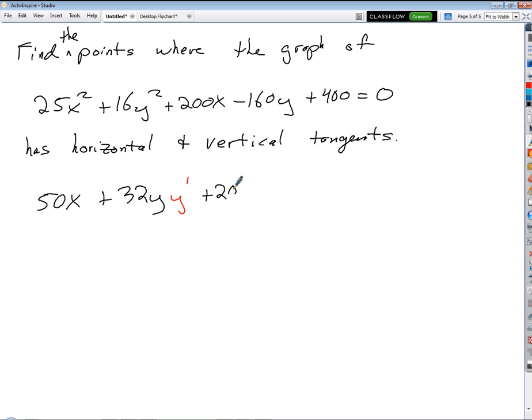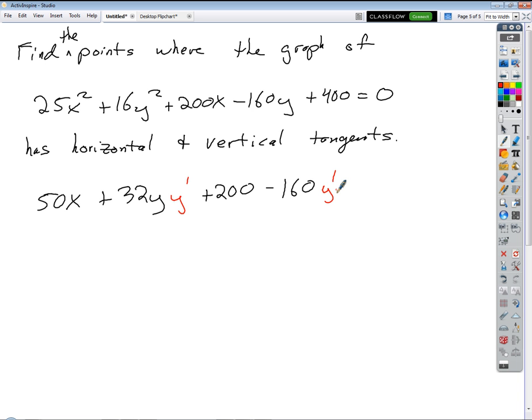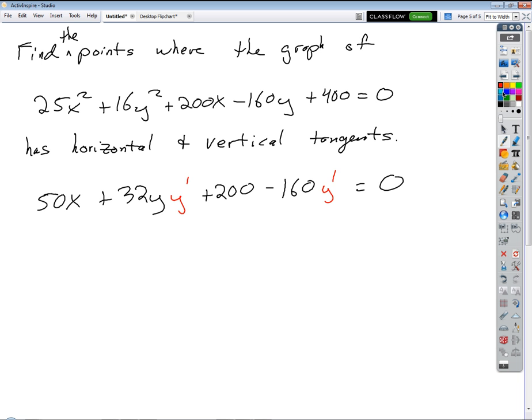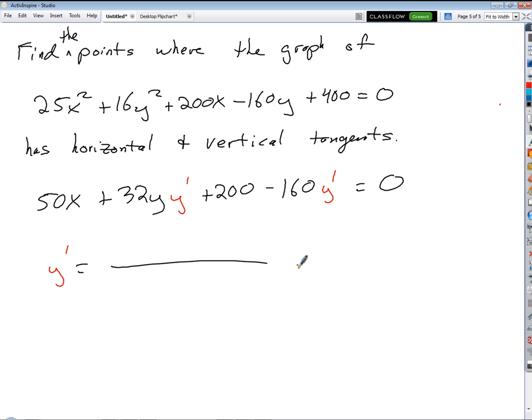Plus 200 minus 160y prime equals 0, right? Good. So let's isolate the y prime. So y prime equals, what's in the numerator, divided by all of 32y minus 160.